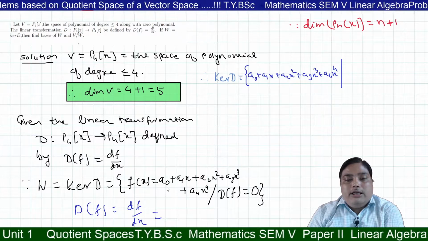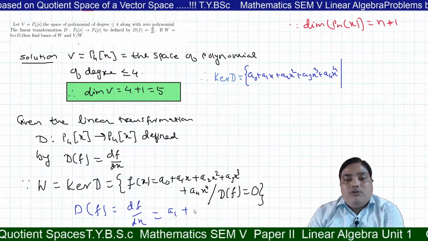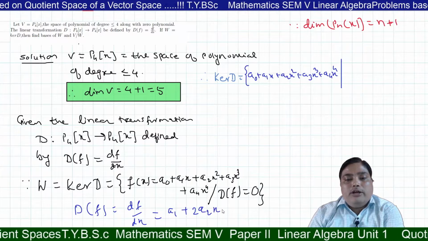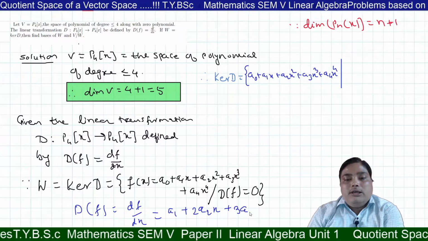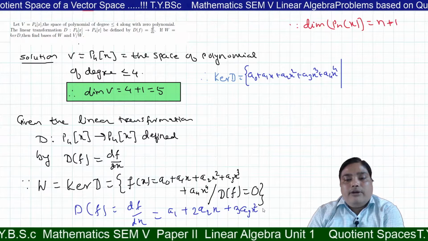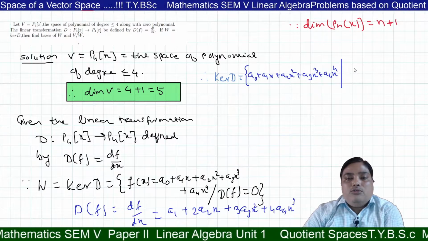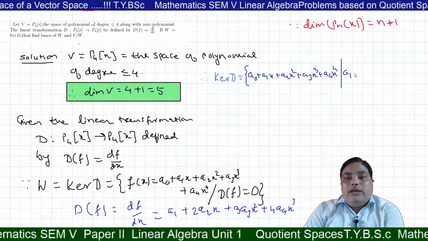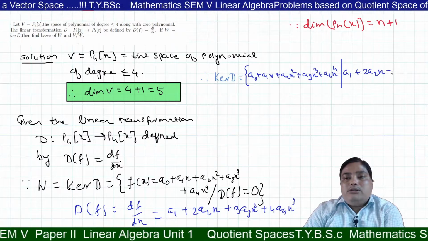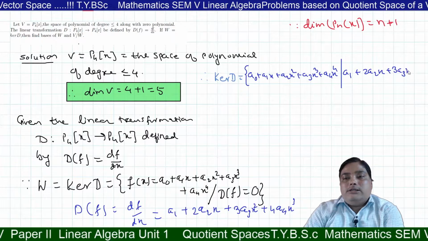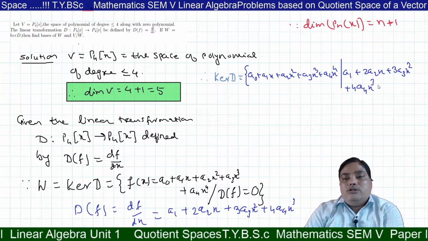The derivative of a0 is 0, the derivative of a1x is a1, the derivative of a2x square is 2a2x, because the derivative of x square is 2x, and a3x cube gives 3a3x square, and finally we get 4a4x cube. So this becomes a1 plus 2a2x plus 3a3x square plus 4a4x cube, equal to the 0 polynomial.